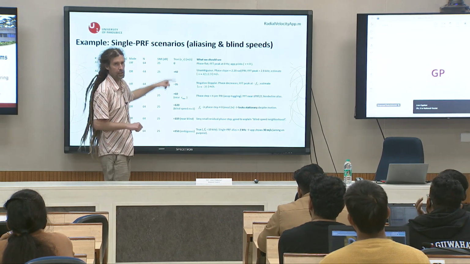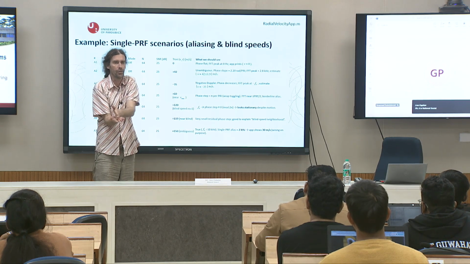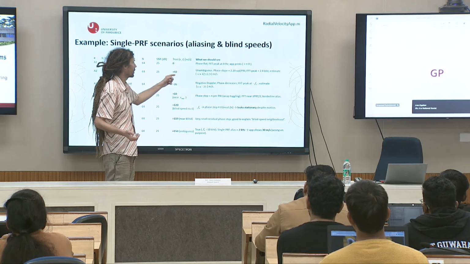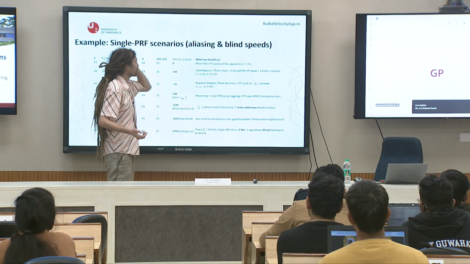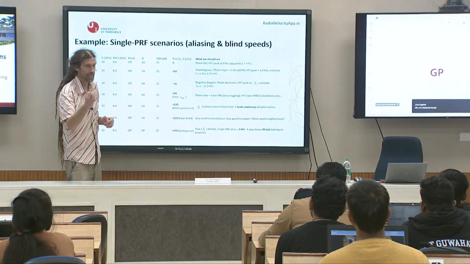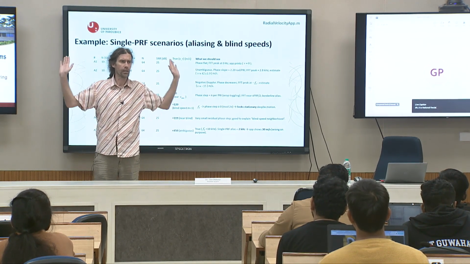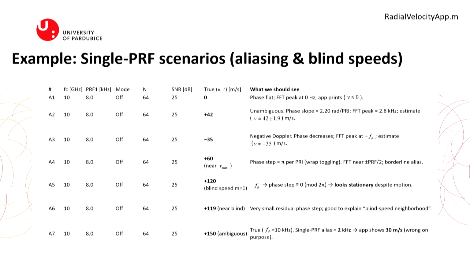If speed is 0, a static target, you will see the main lobe at 0. If it is plus 42, due to the fact that we have a maximal recognition speed of 60, it will show you a peak at 32. Okay, we don't have any problem, everything works.